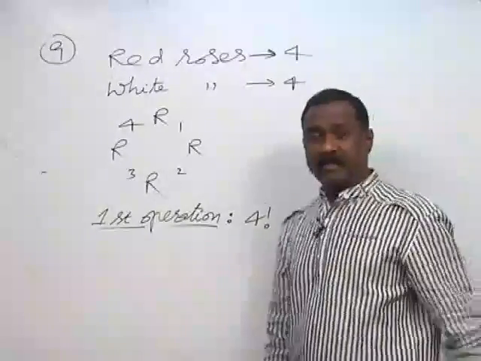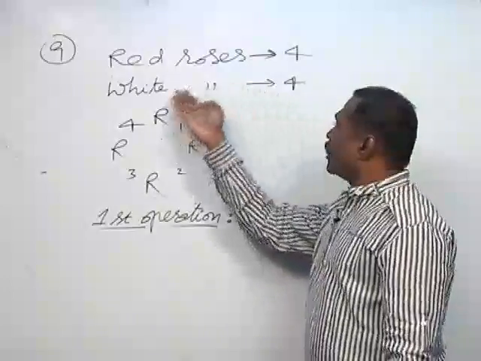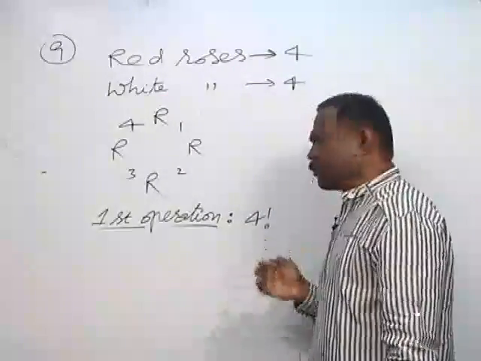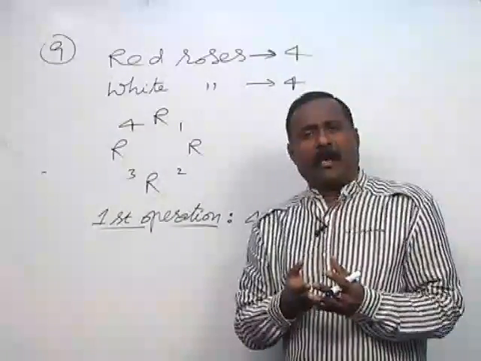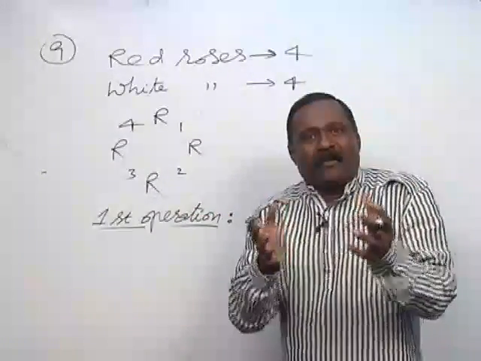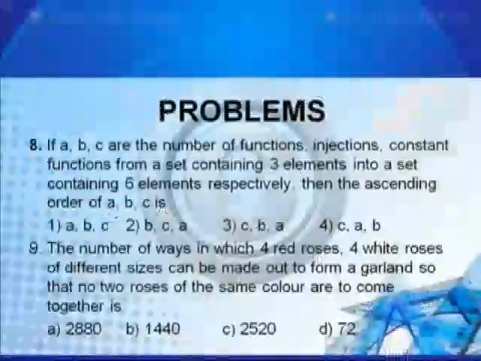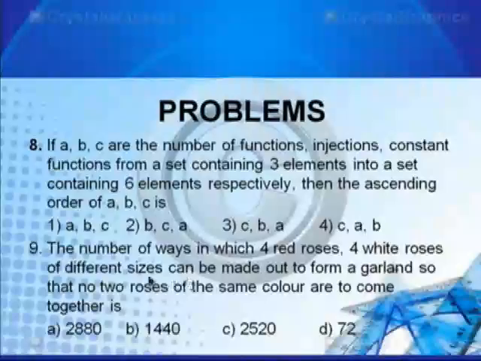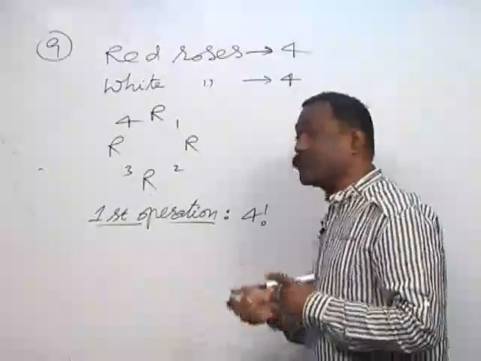4 factorial different ways. Then you may think, sir, how can you arrange 4 white roses in 4 factorial ways, because they will all be the same? But you can see the question says of different sizes. Don't forget that. They are all of different sizes, that is why you can write it as 4 factorial.